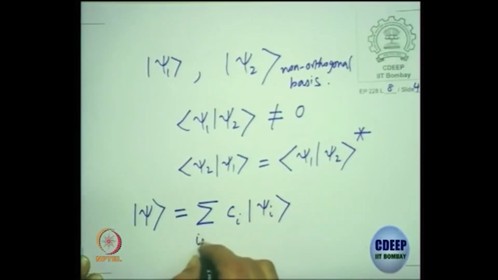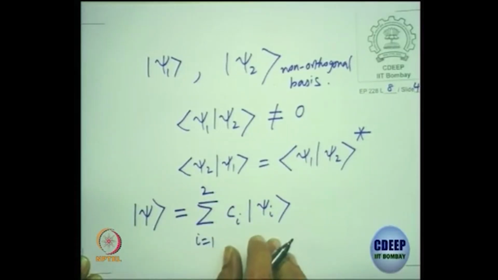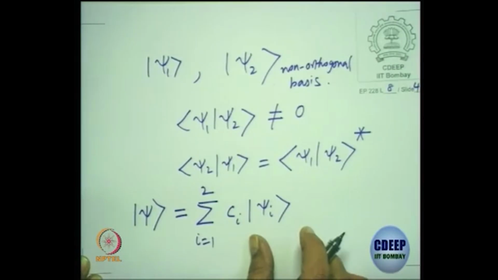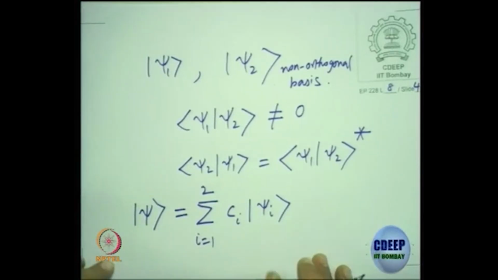For a 2-dimensional vector space, i is 1 to 2. So, this is the superposition of the basis states, which will give you any arbitrary state in the 2-dimensional vector space. This is why this forms a basis set, but this is not orthogonal.